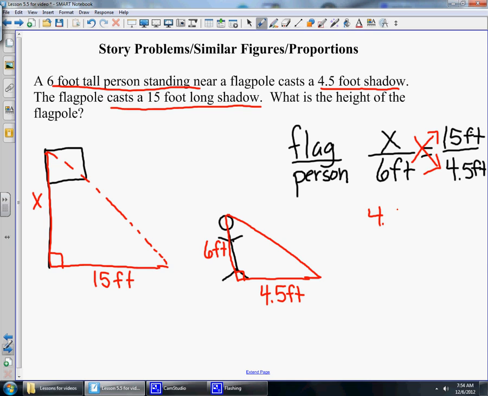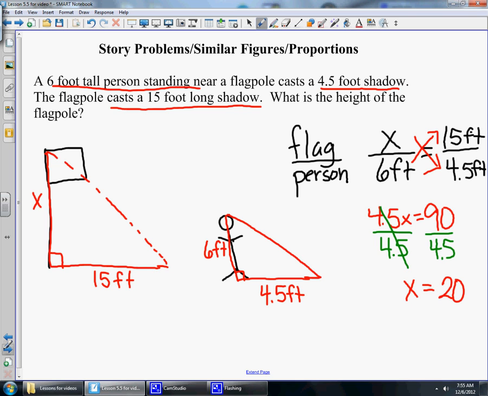So we have 4.5x equals 6 times 15, which is 90. And we're going to solve. Divide by 4.5. And that is x is equal to 20.